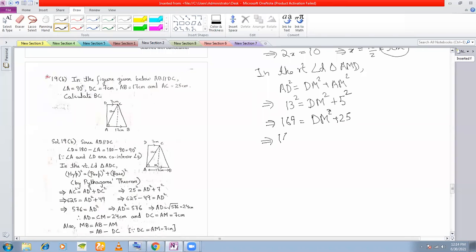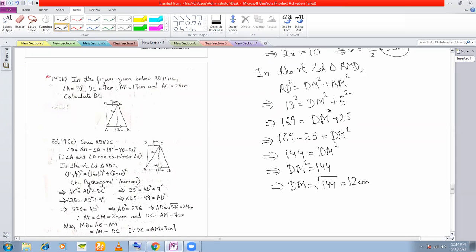That means 169 minus 25 is equal to DM square, so 144 is equal to DM square. That means DM is the square root of 144, which is 12 centimeters, the required height of the trapezium.